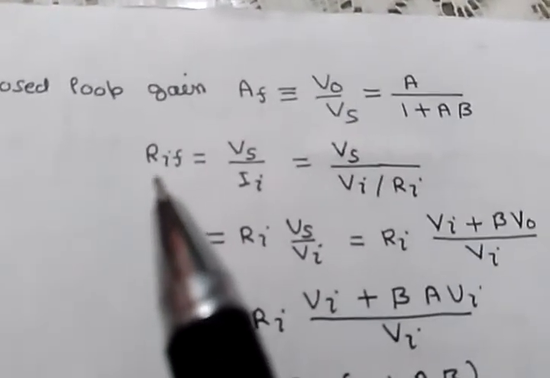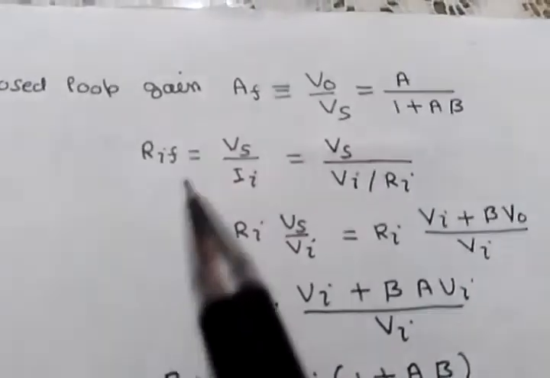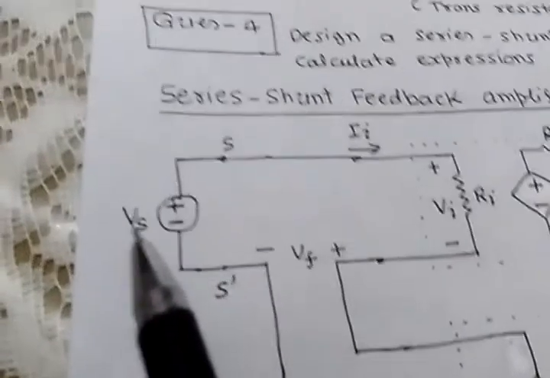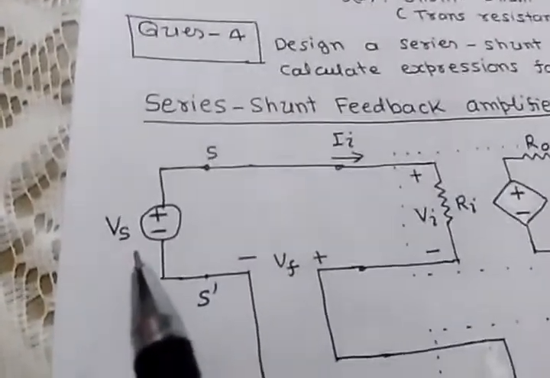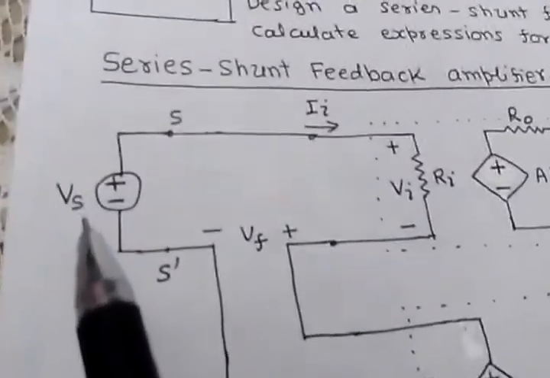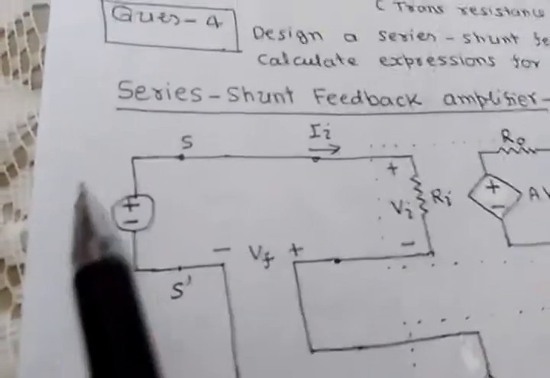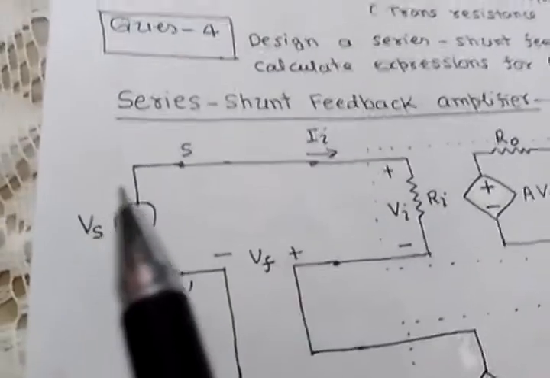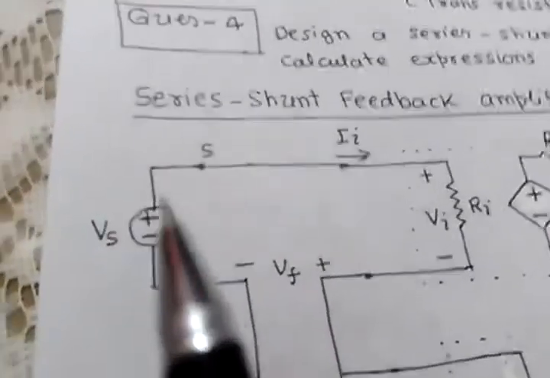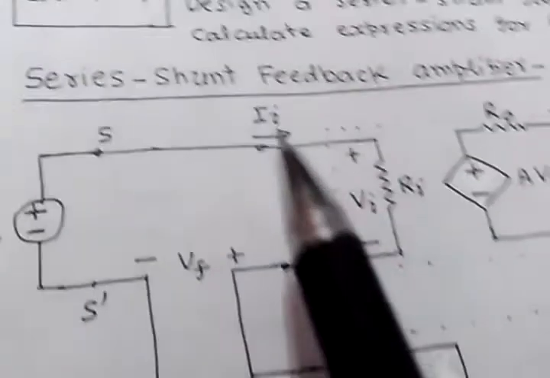Input resistance with feedback is denoted by RIF. Input resistance with feedback is the resistance seen by source voltage, by this voltage source. So it can be calculated by dividing Vs with the current supplied by this source, which is Ii.